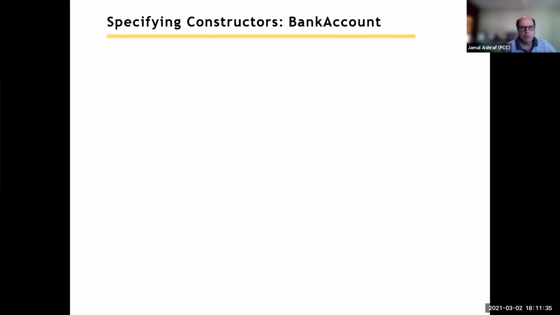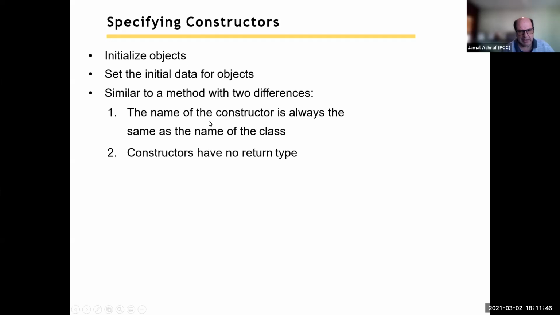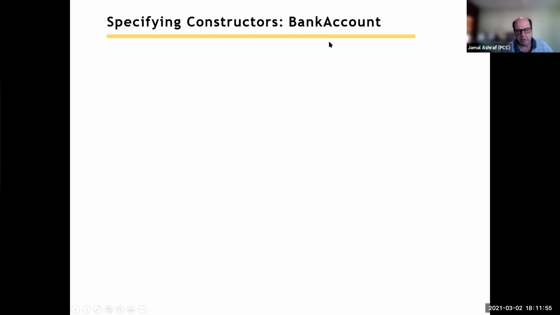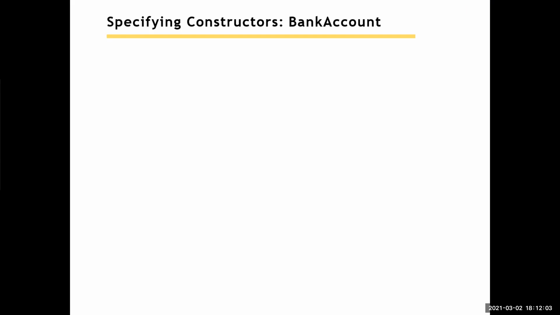Okay, so what about the constructors for bank accounts? What is going to be my constructor for my bank account? Remember what he said. He said it's going to have the same name as the class, and it doesn't have a return value. So the constructor for the bank account is going to be called BankAccount.